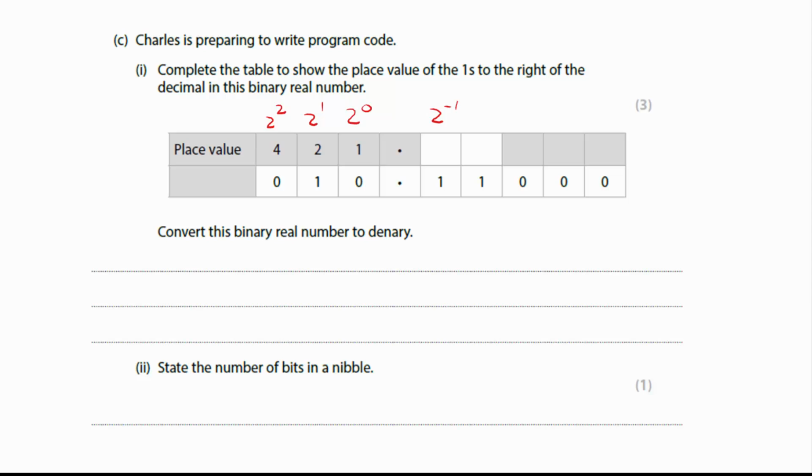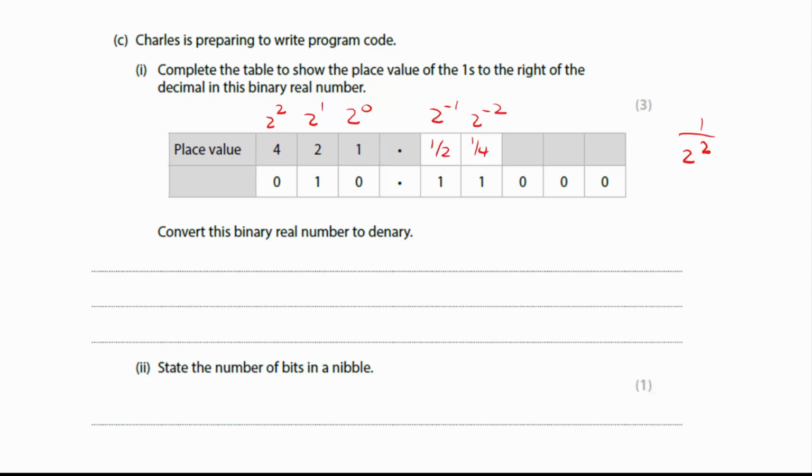So this is 2 to the power minus 1, this is 2 to the power minus 2. So 2 to the power minus 1, as you should know from maths, is a half, and this is a quarter because this means 1 over 2 squared, which is a quarter. So this is the first part of this question. We're going to have to convert this binary real number to denary. And to do this with binary, you just multiply the column headings by the row.